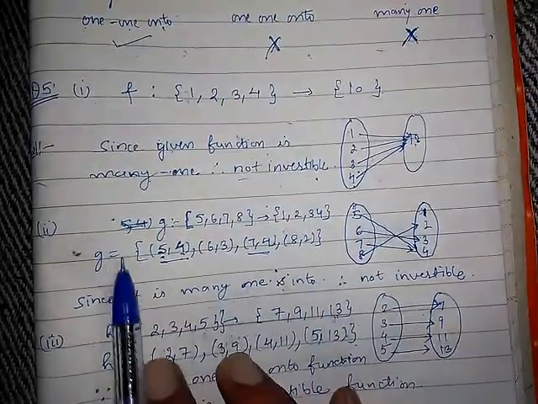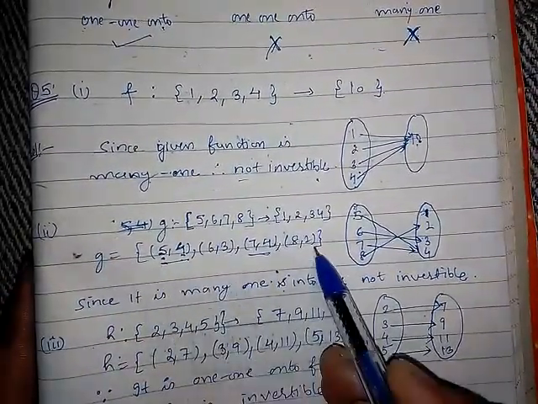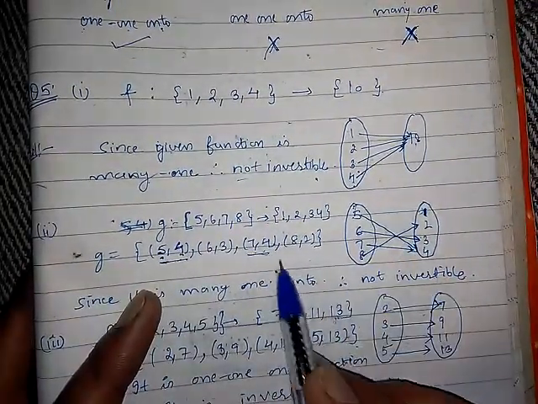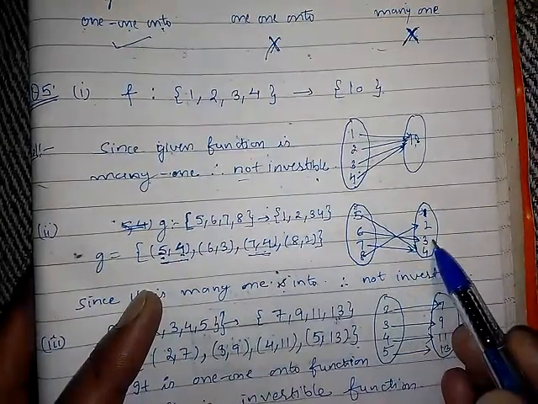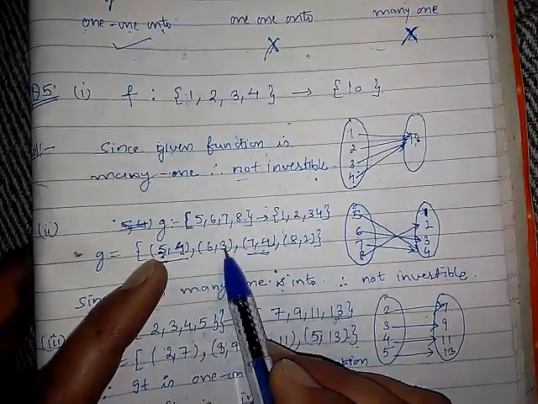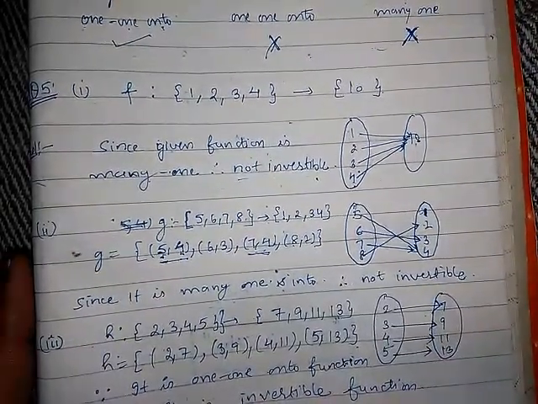Clear? So come to the second part. In the same way, now the function is defined in such a way. If you are able to decide from here, then it's okay. Otherwise you can draw the figure also like this. 5, 6, 7, 8: 5 is mapping to 4, 6 is mapping to 3, 7 is mapping to 4, 8 is mapping to 2, like this. Clear?